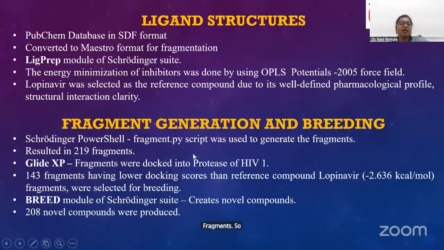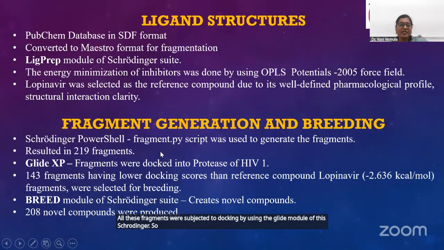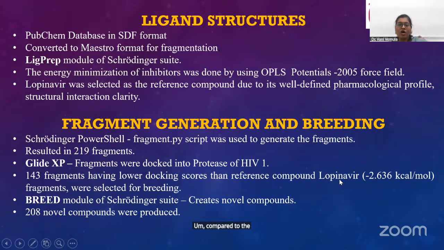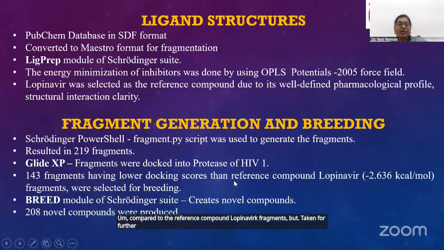This resulted in 219 fragments. All these fragments were subjected to docking using the Glide module of Schrodinger. Among all these fragments docked, only the fragments that showed lower binding energy compared to the reference compound lopinavir were taken for further consideration, that is for breeding.